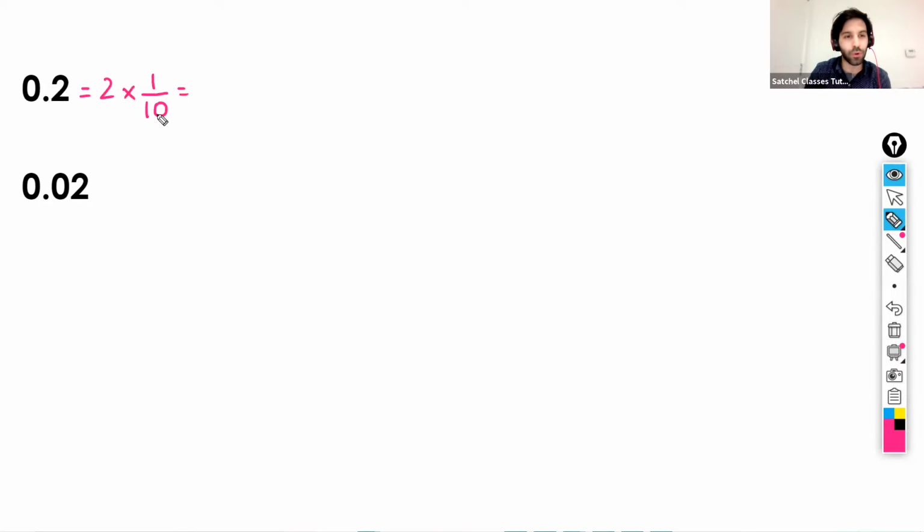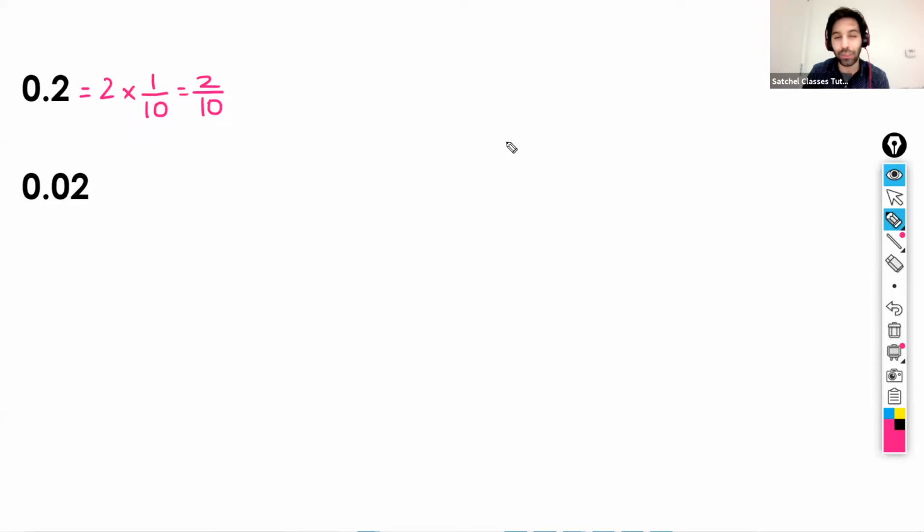Because 2 times 1 over 10 is the same as 2 over 10, and 2 over 10 is the same as 0.2.